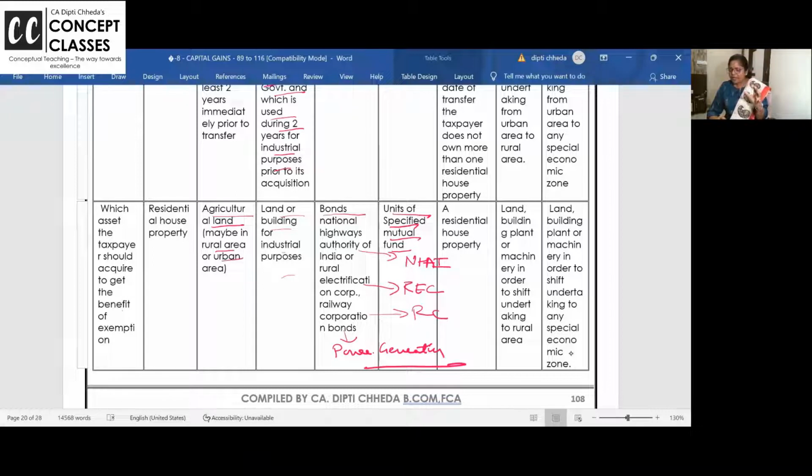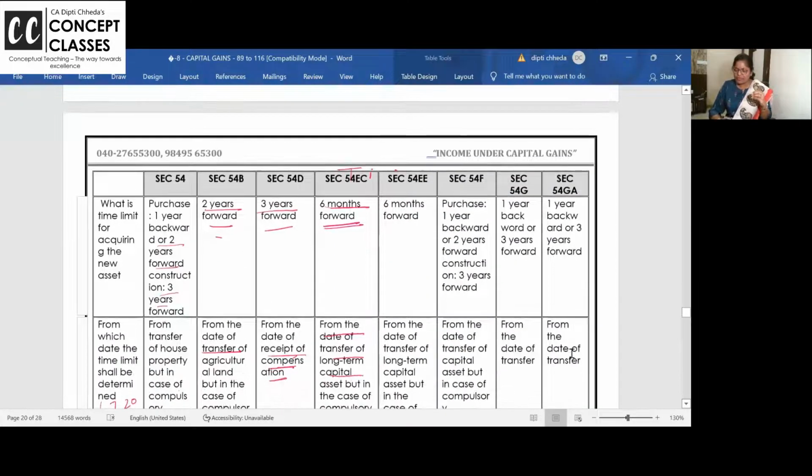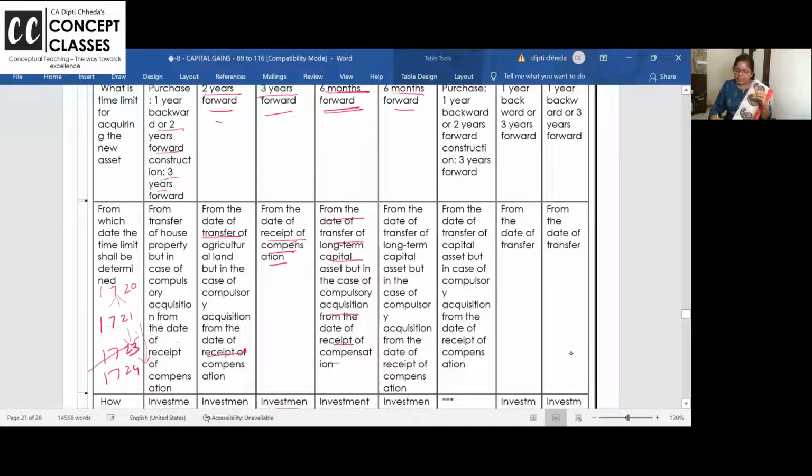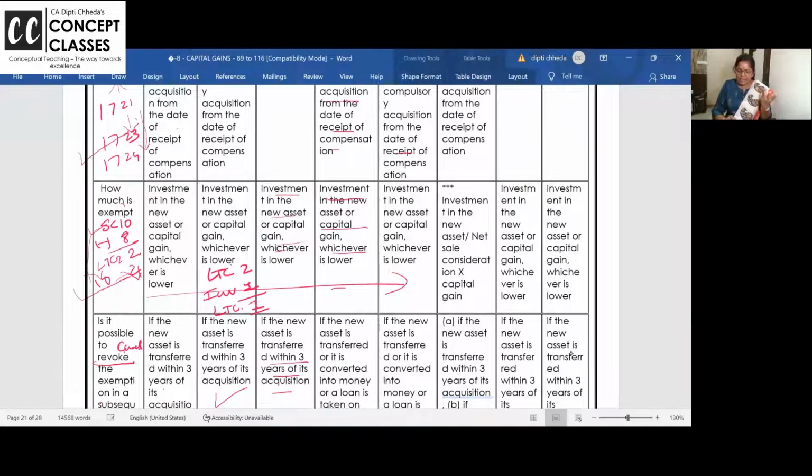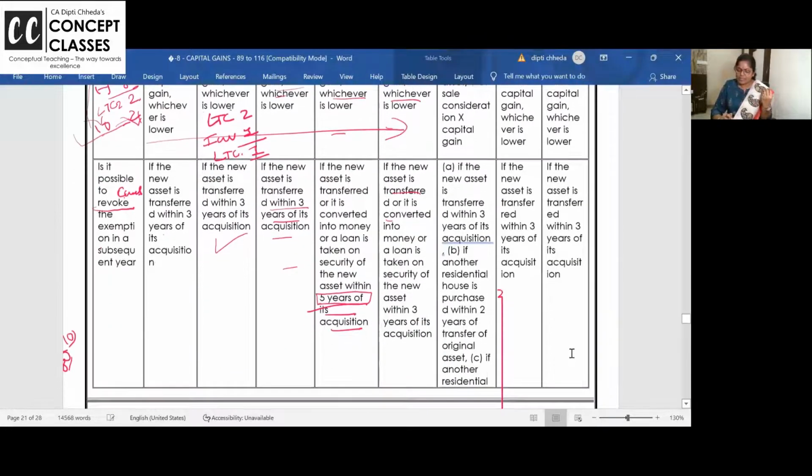Government wants to encourage mutual funds. So sell any long-term capital asset, buy units of mutual fund, 6 months forward, from the date of transfer or compulsory acquisition, same. How much exemption will you get? Investment in new asset or capital gain, whichever is lower, same.